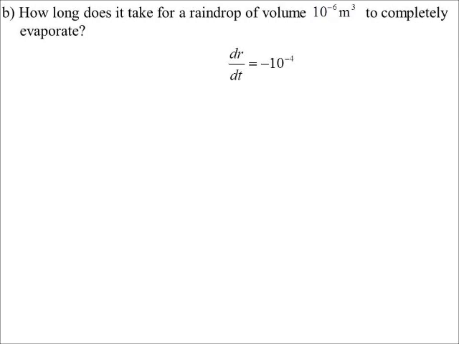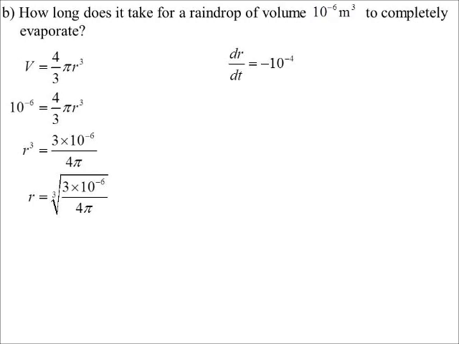I also can work out what the radius is, because they've told me the volume, and I know the volume is 4/3 pi r cubed. It's not a neat little answer, but there it is. The cube root of 3 times 10 to the negative 6 over 4 pi, whatever that works out to be, that would be the radius of our raindrop.